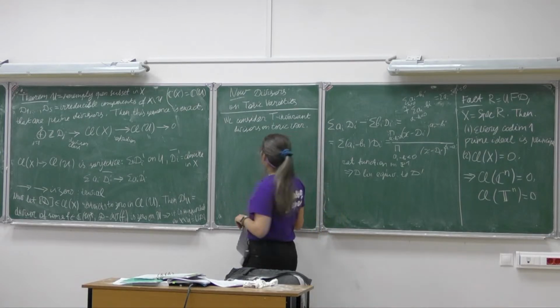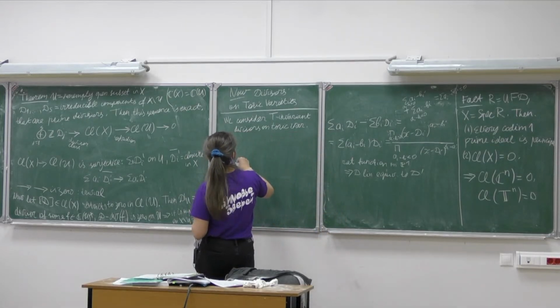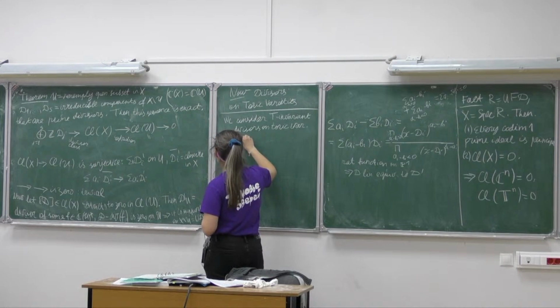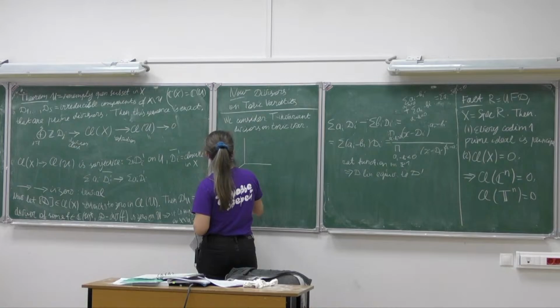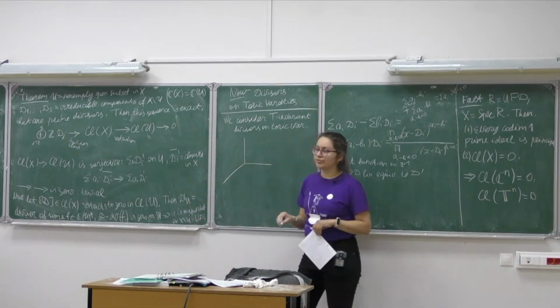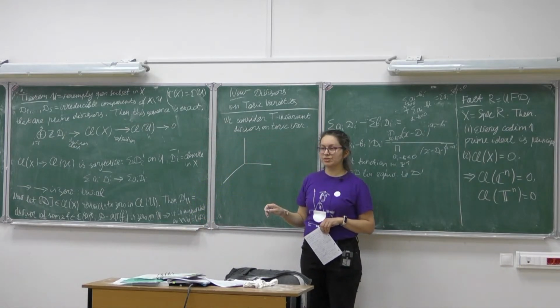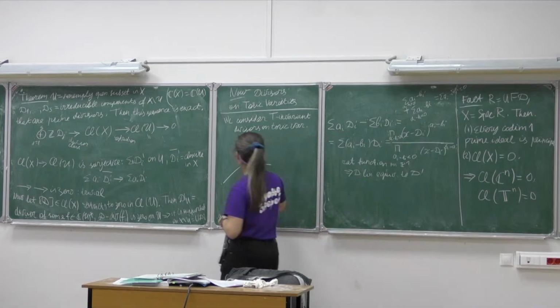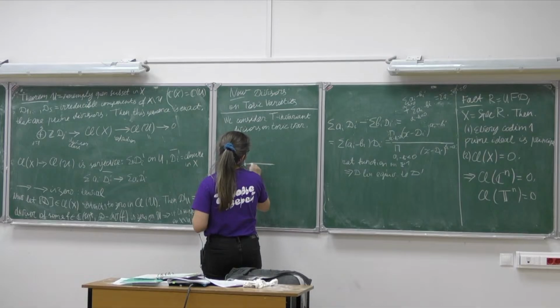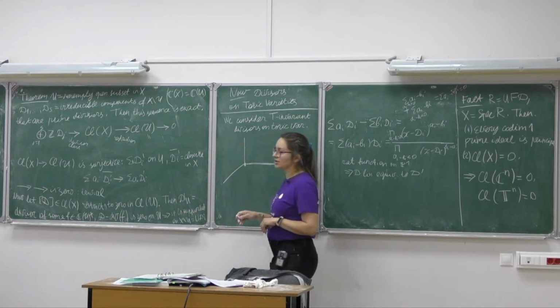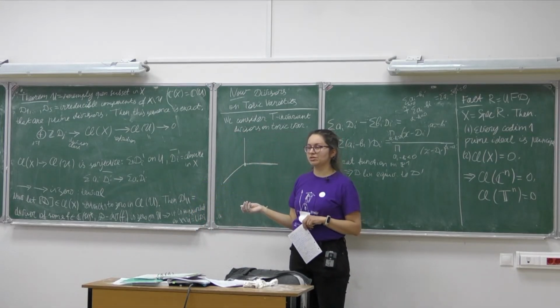We said that our toric variety is constructed using some fan. This is our fan, and for each cone of some dimension, the corresponding orbit is of the complementary dimension.